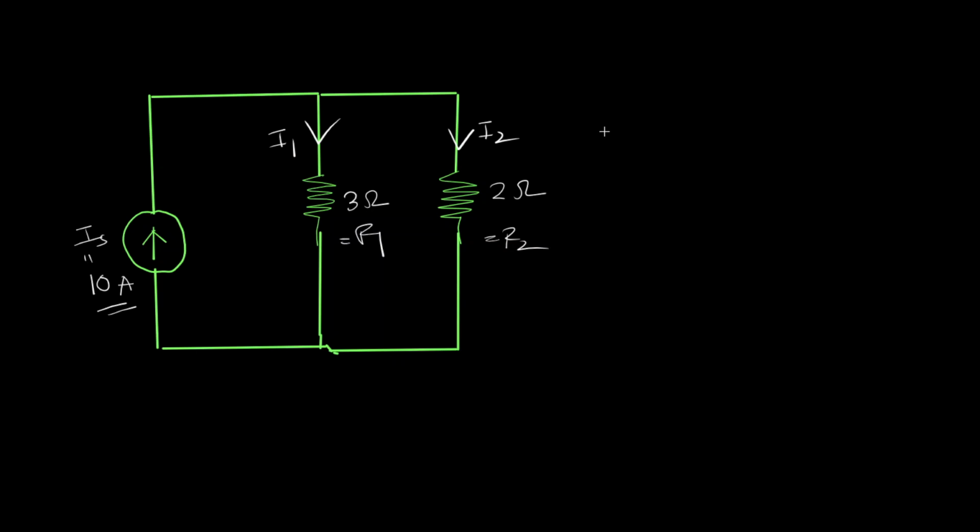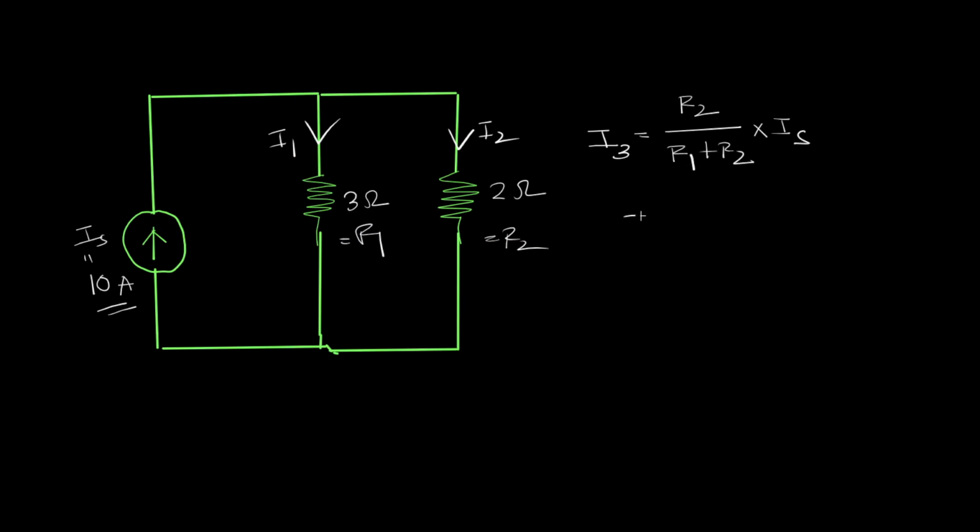So I1 means current flowing through this resistor. Okay, and this equals to the parallel resistor connected with this 3 ohm, which is 2 ohm. Okay, that is R2. So R2 by R1 plus R2 into the source current Is.